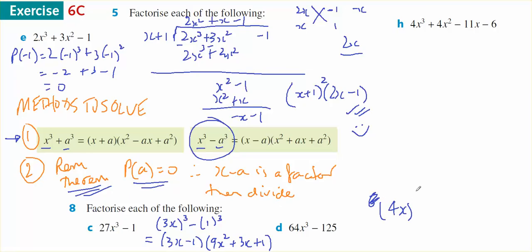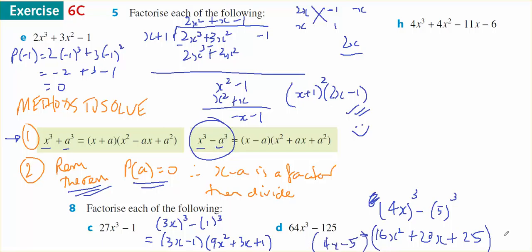And if I look at this example, I've got 4x all cubed minus 5 cubed. So I've got the difference of cubes again, so I'm going to use this rule, and my answer will be all of this squared. So 16x squared plus 4x times 5 is 20x plus 25 will be the second term, and the first term will be 4x minus 5.